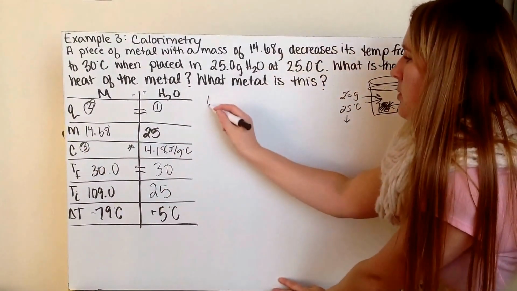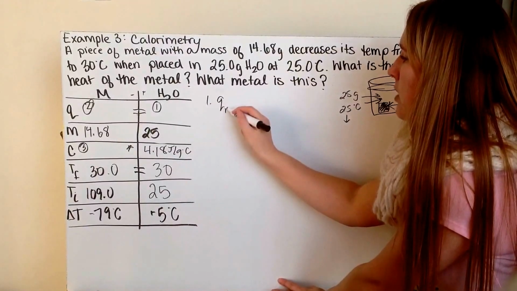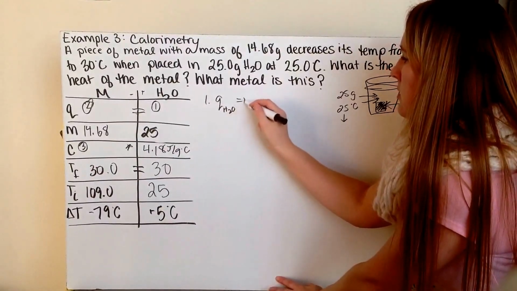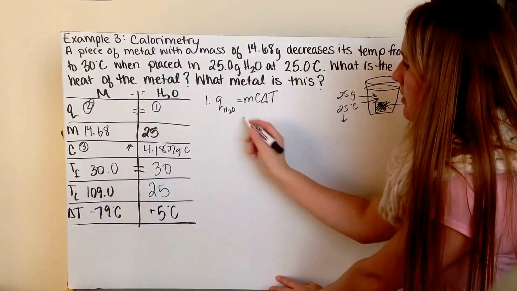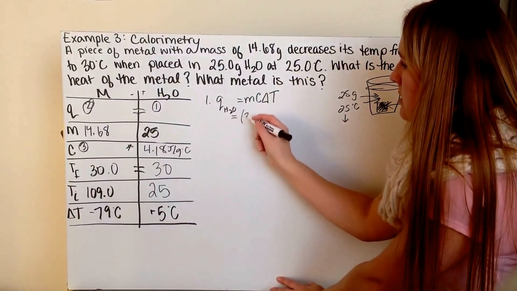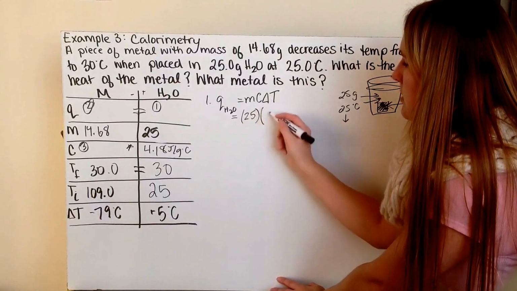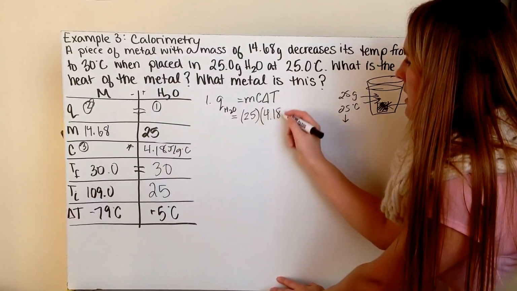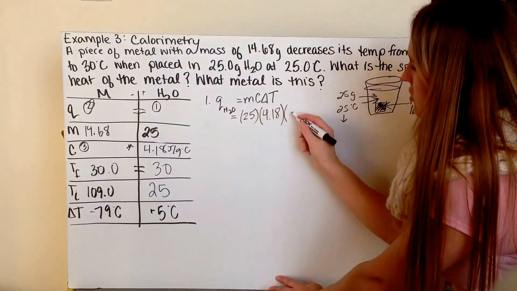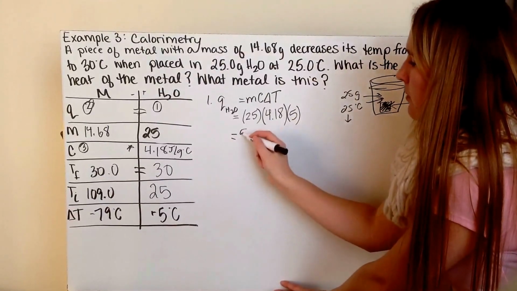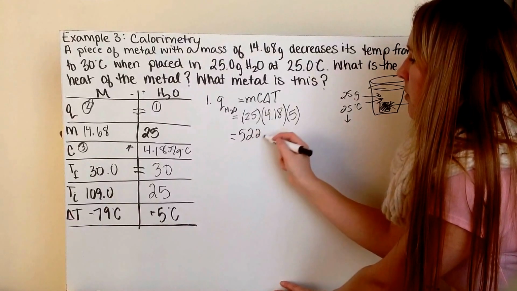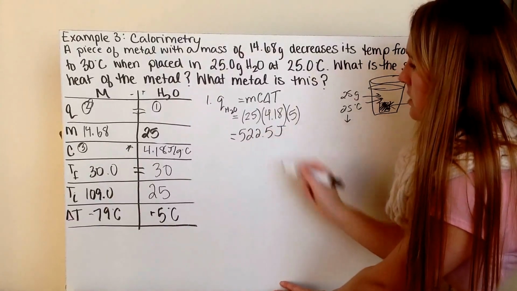So, step number 1, Q of my water is equal to mc delta T of my water: mass 25 grams, specific heat 4.18 joules per gram degree Celsius, change in temperature 5 degrees Celsius, gives me a Q of 522.5 joules.